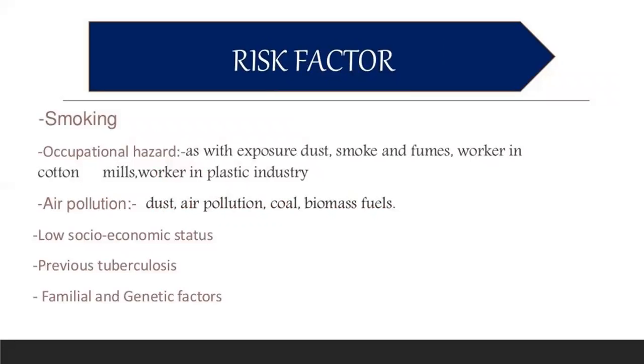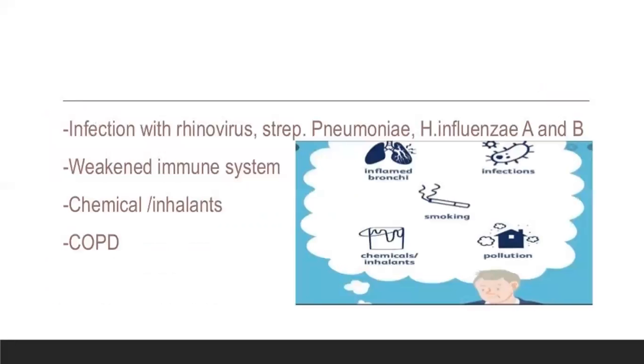Risk factors: smoking, occupational hazards such as exposure to dust, smoke, and fumes, workers in cotton mills, workers in the plastic industry, air pollution, dust, coal, and biomass fuels, low socioeconomic status, previous tuberculosis, familial and genetic factors, infection with rhinovirus, strep pneumonia, H influenza A and B, weakened human immune system, chemical inhalants, COPD.